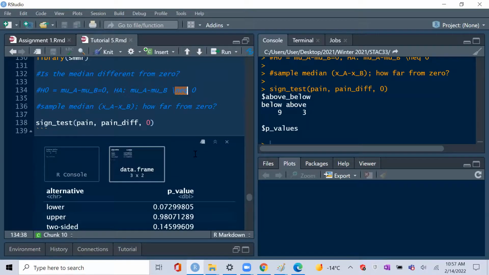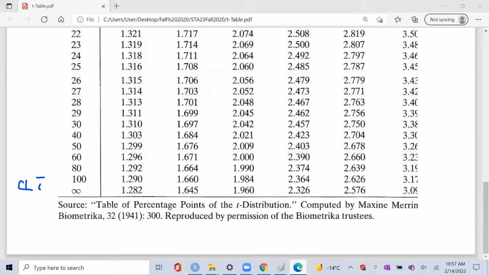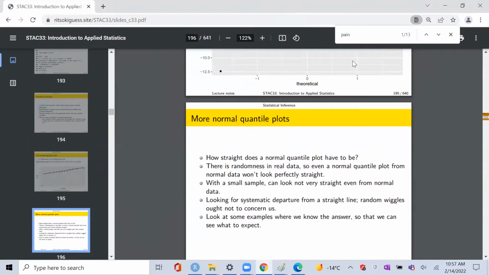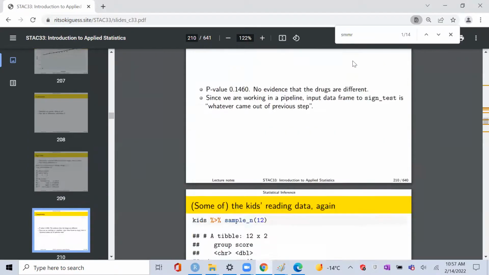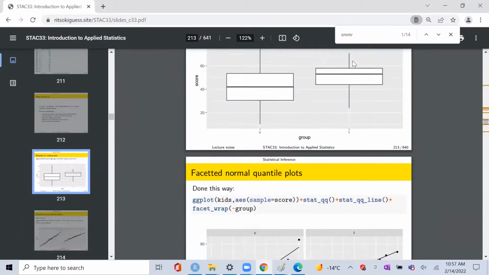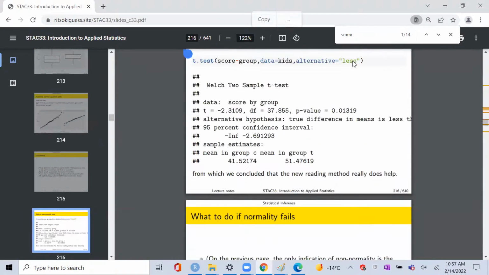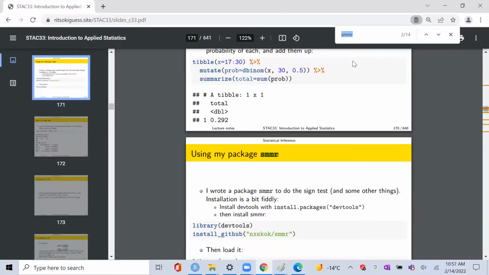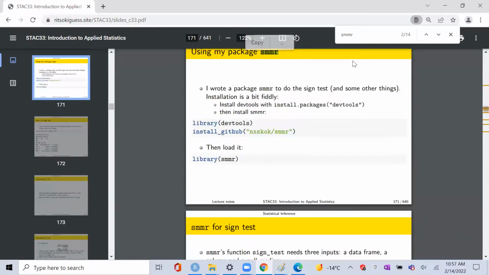If it was a two-sided test, and I think Ken has an example here in one of his things, you would notice that if your test was greater than, you'd use the greater than option, right? So it depends on what your test happens to be, right? It depends on the direction of your test that would change the p-value.